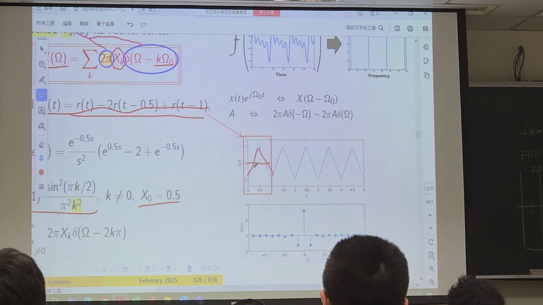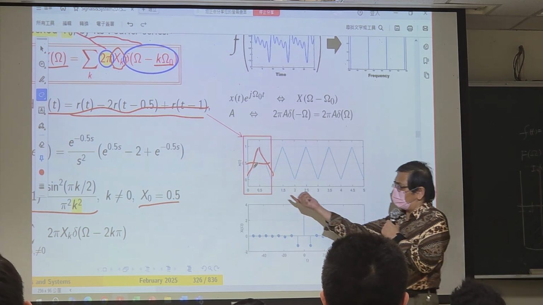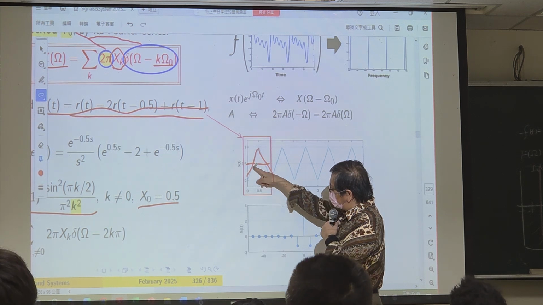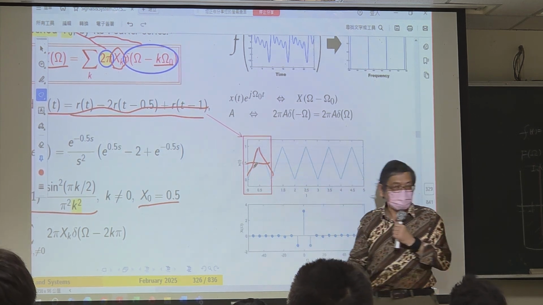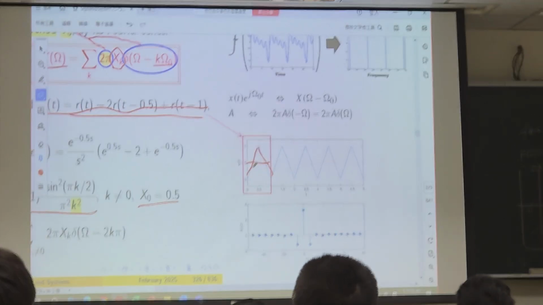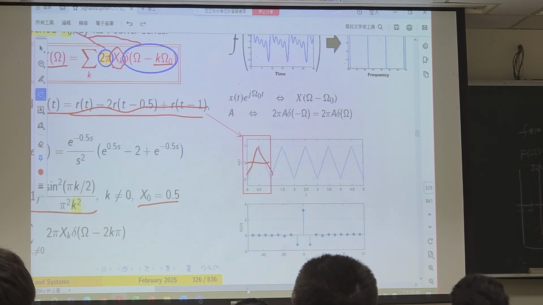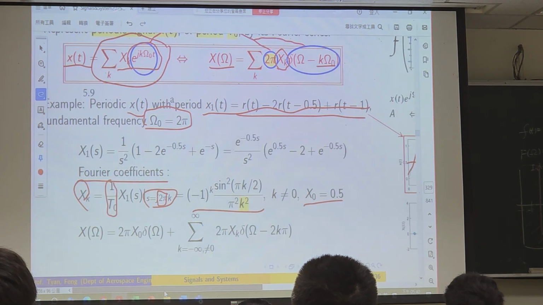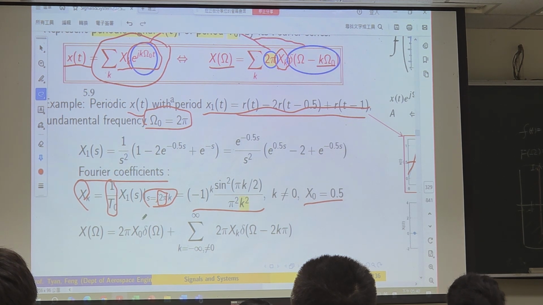So now if we look at this interval from 0 to 1, the mean value of this triangle is 0.5. From the figure, we can see that very clearly, but also we can compute that analytically. Okay? Alright, so we have the stuff we need.